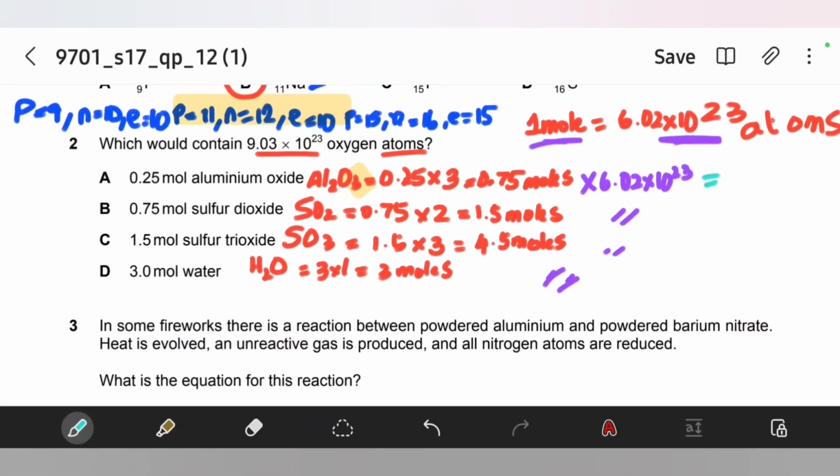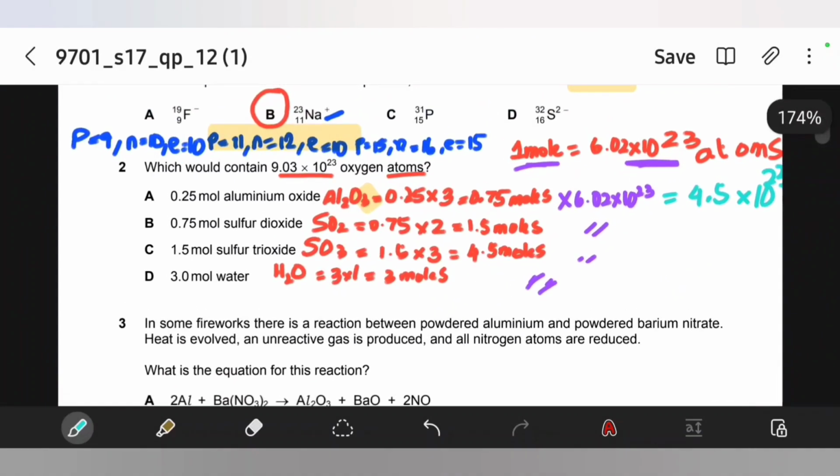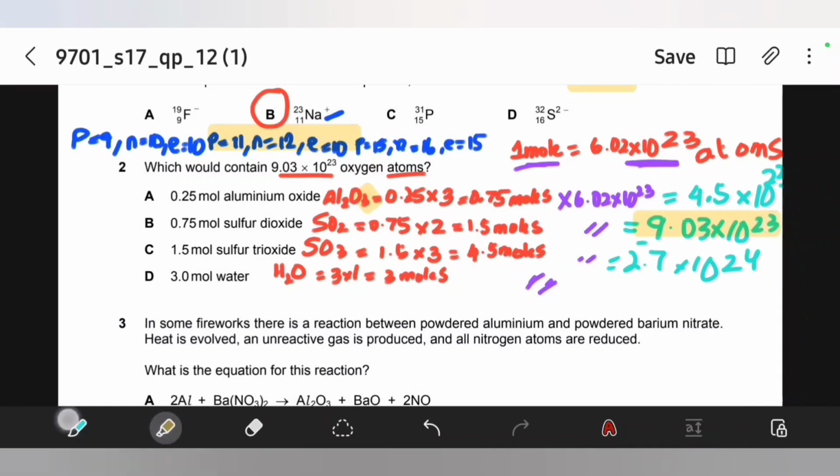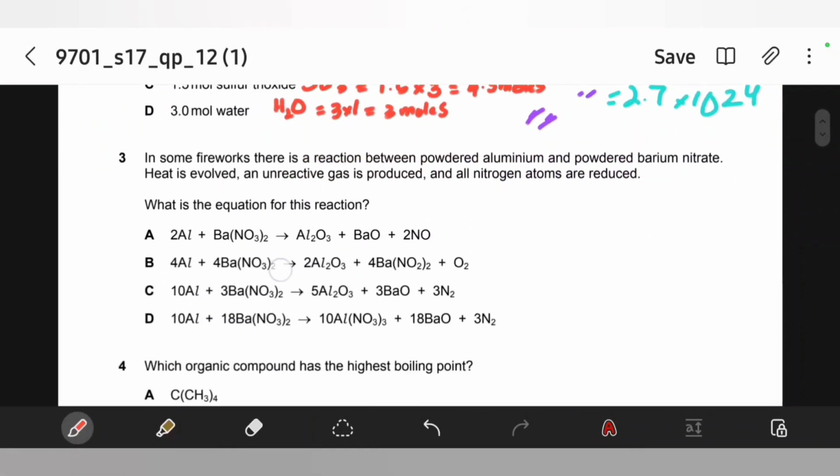A gives us an answer of 4.5 into 10 to the power 23, and B is giving us an answer of 9.03 into 10 to the power 23, C 2.7. So you don't really need to do all the working since we have already got the answer, which is B right here. So our answer is B. Moving on.